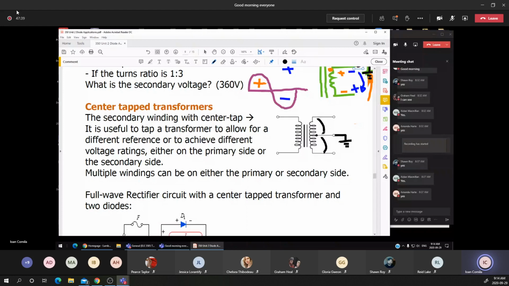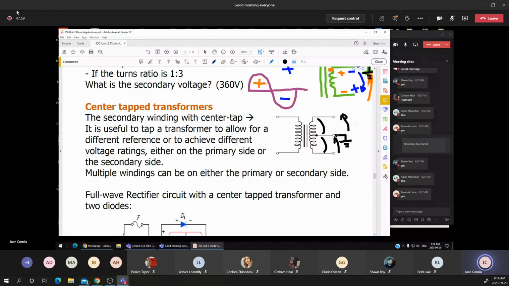Remember that the two windings, the first half and the second half of the secondary winding, are identical or have the same number of turns. What does that mean for those two voltages? Now I'll make the voltage in this way or the other way.